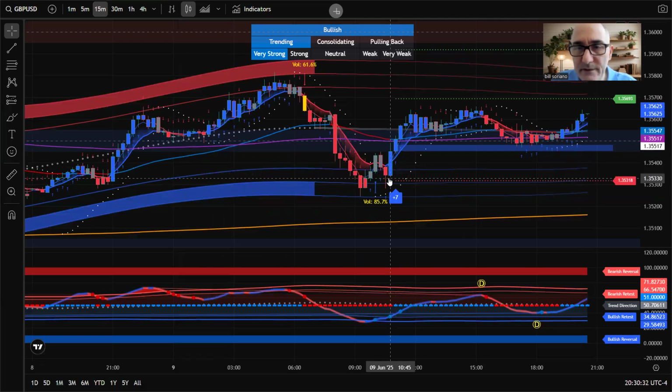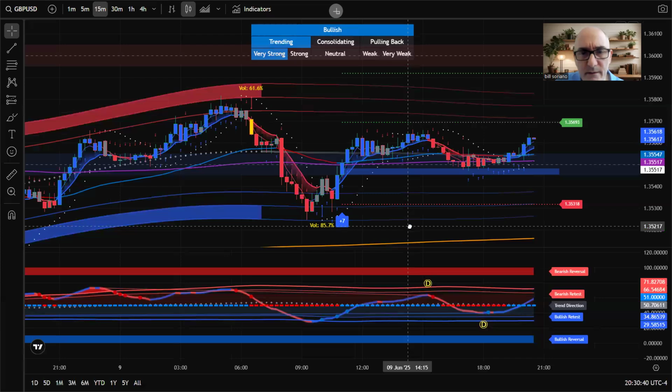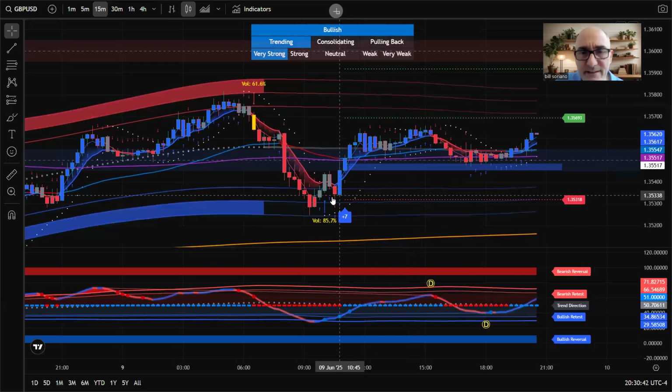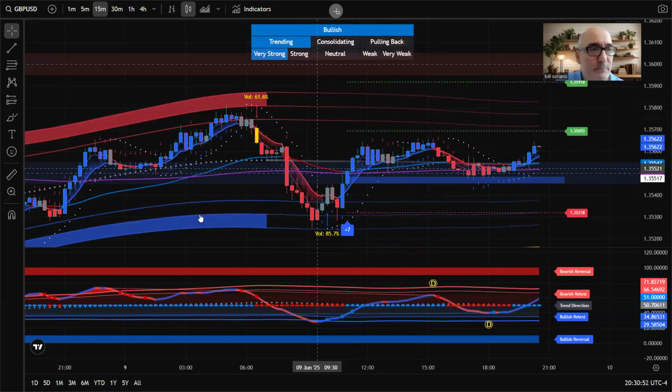But the issue here is that the sniper later is still red, so the sniper later is still bearish. However, the very next candle, you get another blue candle, still with a blue sniper arrow under it, and the sniper later turns blue. So that would be when you would want to enter this trade.